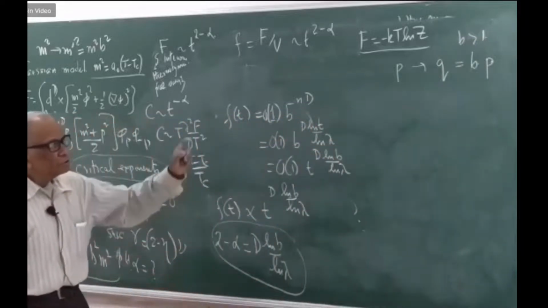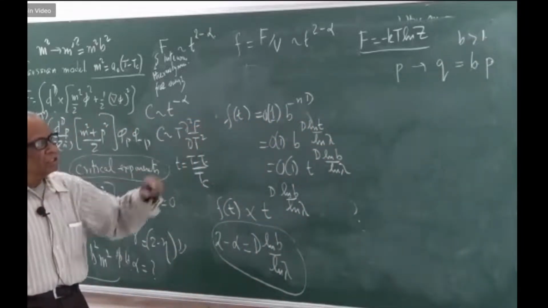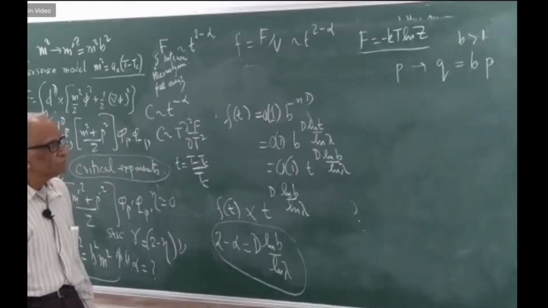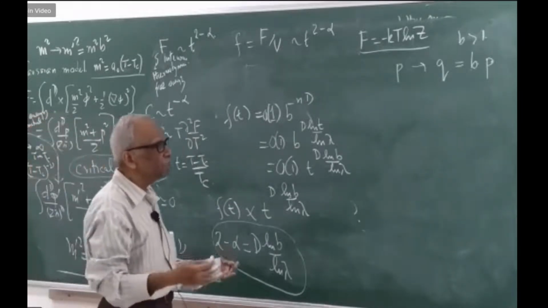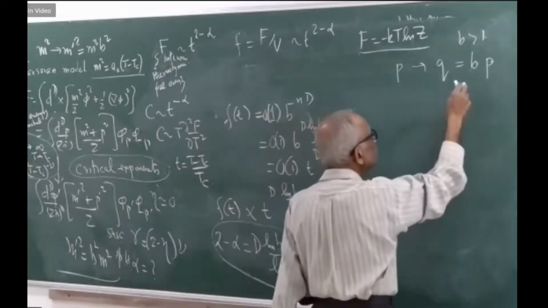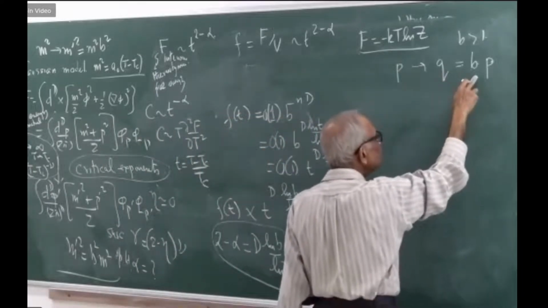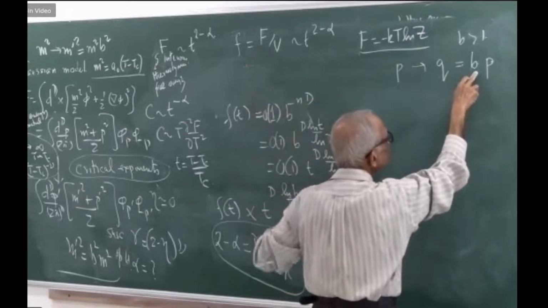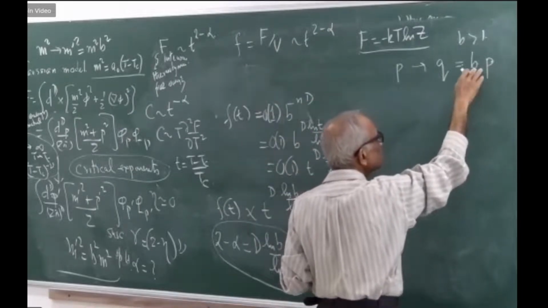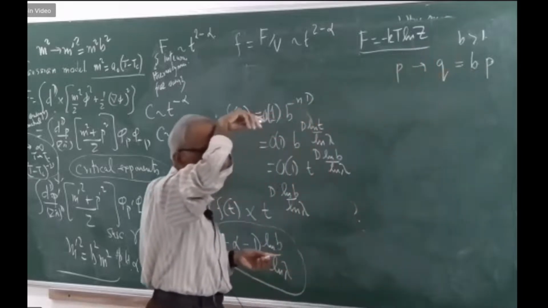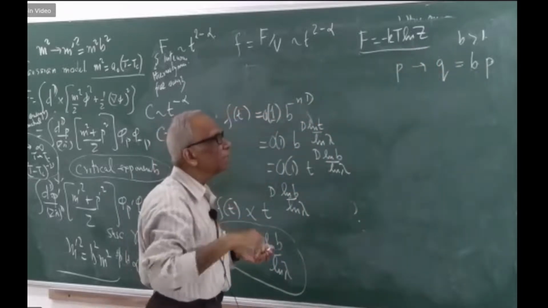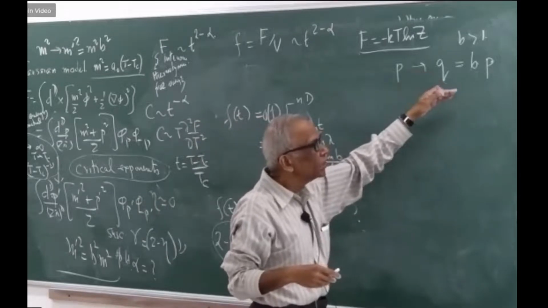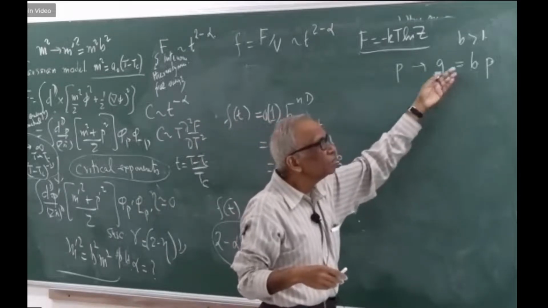All right, so in momentum space you went from p to q, so the momentum is rescaled by a factor greater than 1, and the length scale has now become the inverse.